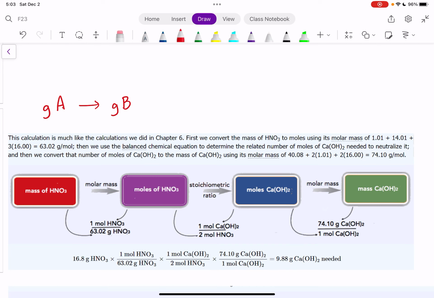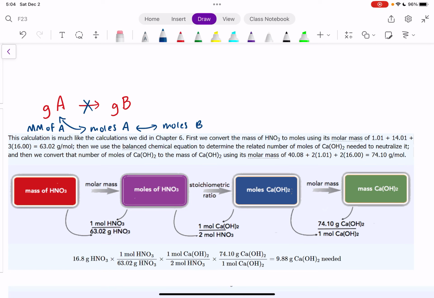I don't know any way of going from grams of A to grams of B in one step, but I do know an alternate route where I can go from grams of A to moles of A using what? Yeah, my molar mass of A. And then I can get from moles of A to moles of B using what?